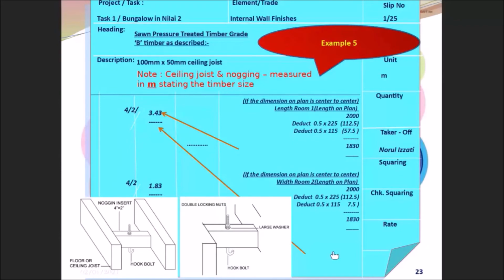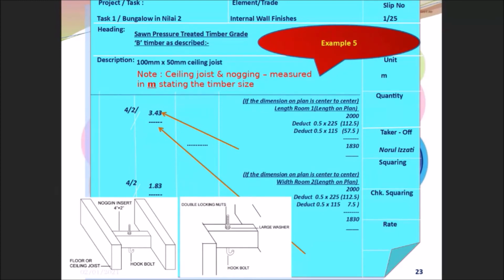This is the example of the description if the details are given for the ceiling joist and the nogging. You have to measure in meters, stating the size according to section M. Okay, under section M, M.1.1, kind and quality, and then this is under carcassing.